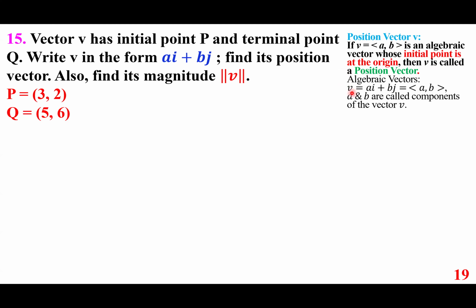Algebraic vectors are in the form v equals ai plus bj, or in component form, angle brackets a, b. a and b are called components of the vector v. Angle brackets, sometimes known as chevrons, are used to represent vectors.